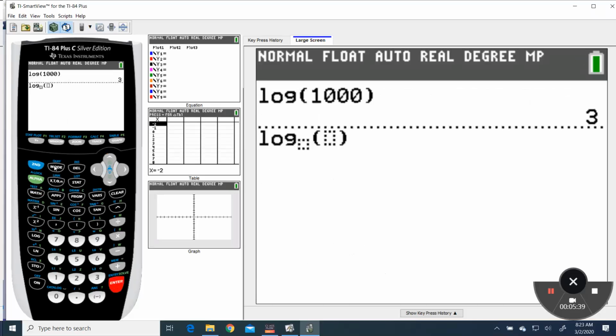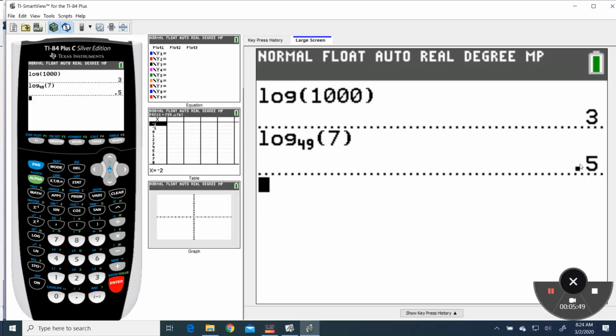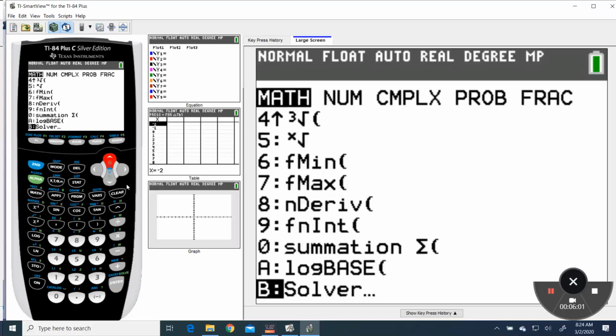Okay? So I could take 49 and put 7 here, and it should kick out what did we decide that was? 1/2, right? Did you all follow on where to get that on the calculator? Math, move it up. There it is. Type it in, and you're good.